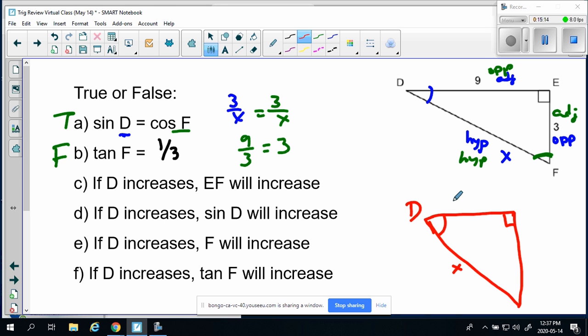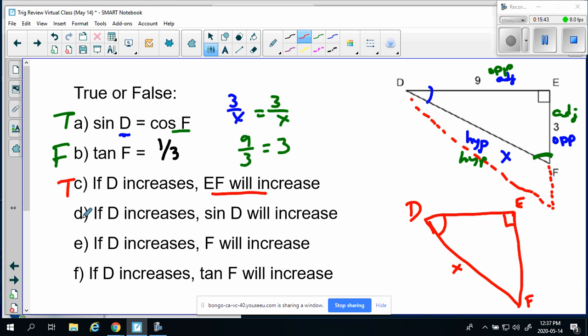And what then has happened to the length of EF? If you splay out this angle and you imagine this side starting to rotate out, you're going to realize that if you increase the angle, then this side must also increase. So the length of EF will increase if D increases. So this is true.